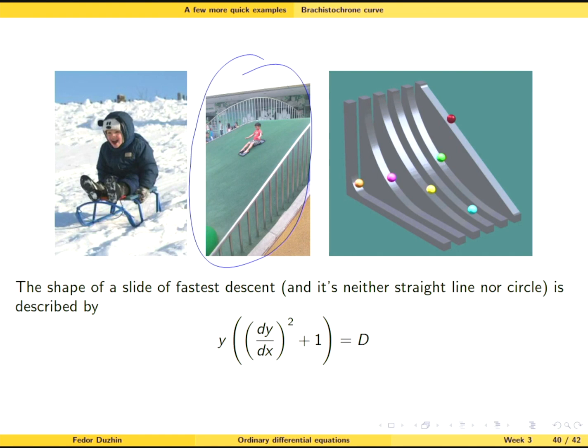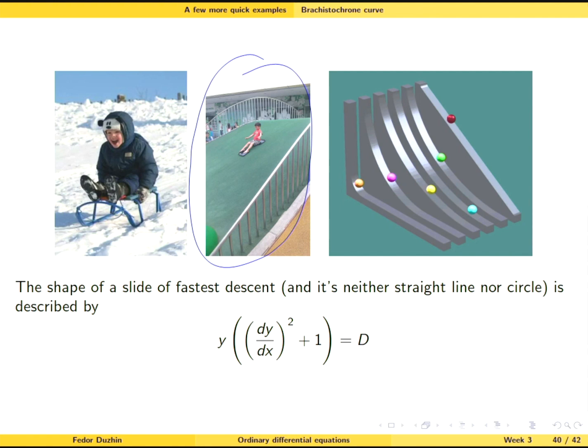But the question is, if you suppose that you have the perfect slippery slope, so that there is no friction, then what is the shape of the slope so that the object would slide just by its own weight and the descent is as quick as possible? It turns out that the answer is neither a straight line nor a circle, and the whole process is described by this differential equation.